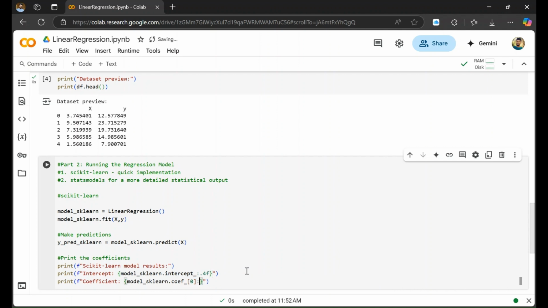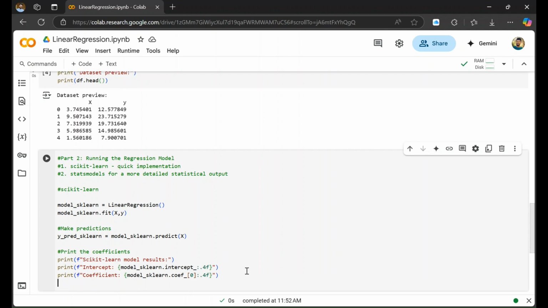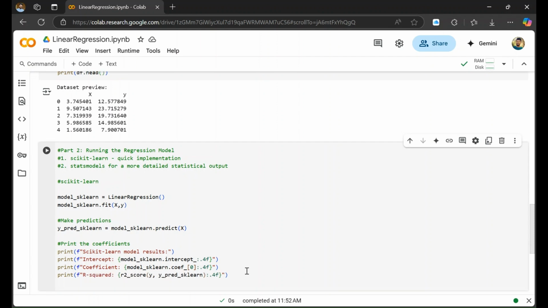Similarly here, let's print our R squared also, and print the mean squared error.